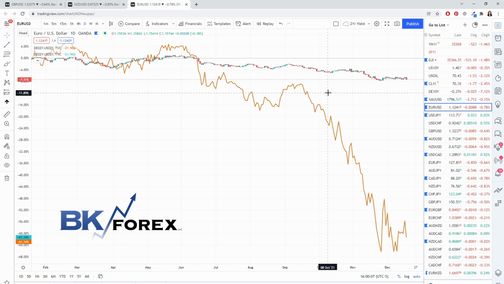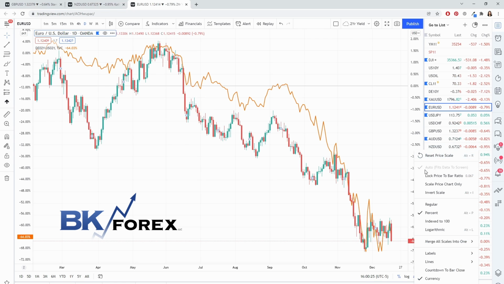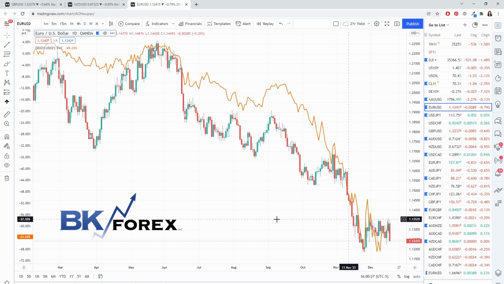There we go. So we have the yield spread here. It actually added itself twice. I got a little impatient. So it doesn't look like what we want it to look like, which is perfectly fine because we need to fix the scale. So what I'm going to do is pin the Eurodollar to the right hand side, and I'm going to just make it the regular quote.